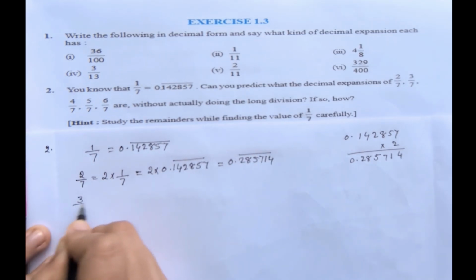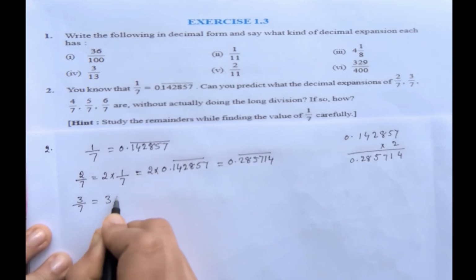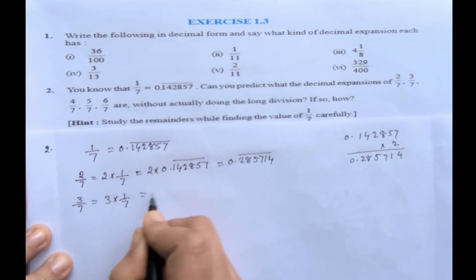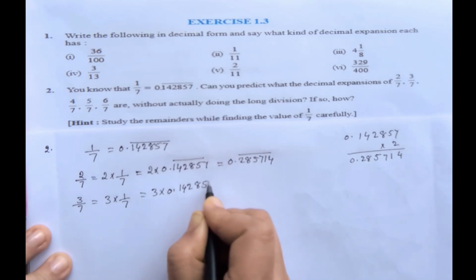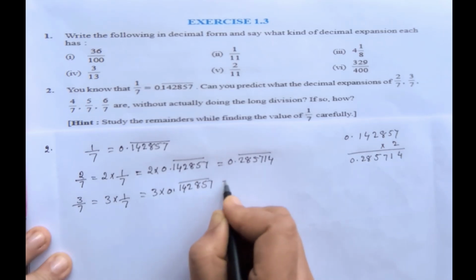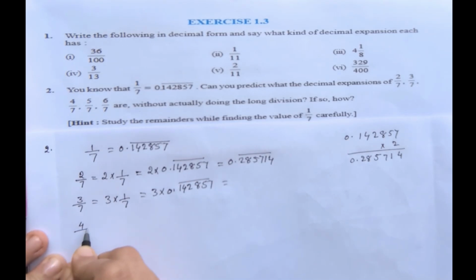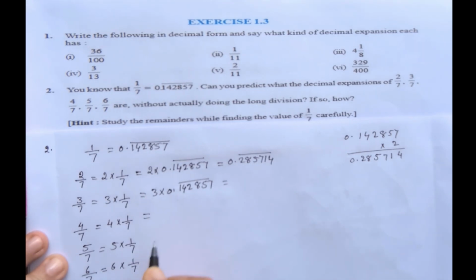Same way 3 by 7 is equal to 3 into 1 by 7, which is equal to 3 into 0.142857. Multiply and get the answer. 4 by 7 is equal to 4 into 1 by 7, same way 5 by 7 is equal to 5 into 1 by 7, and 6 by 7 is equal to 6 into 1 by 7.